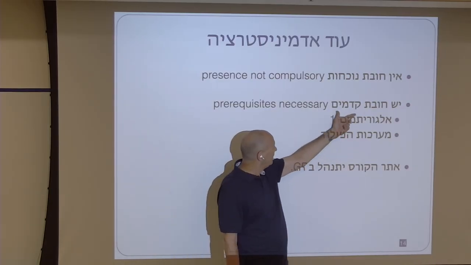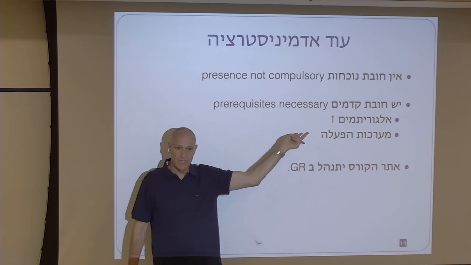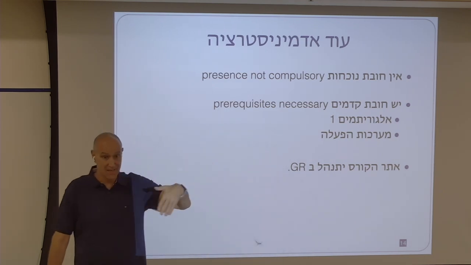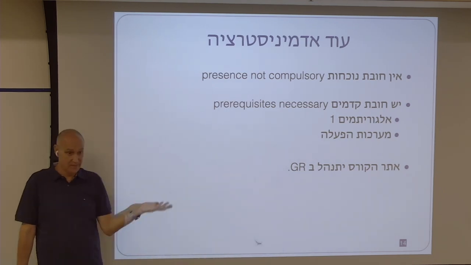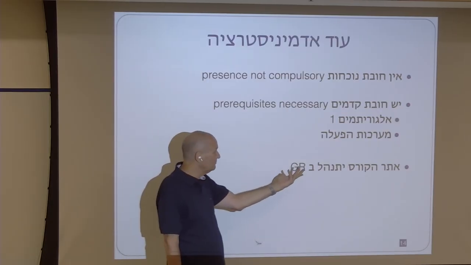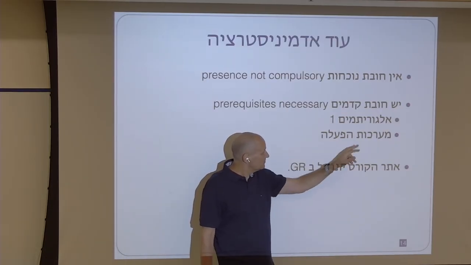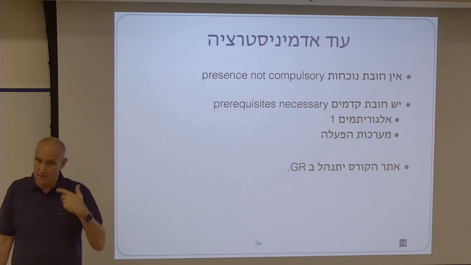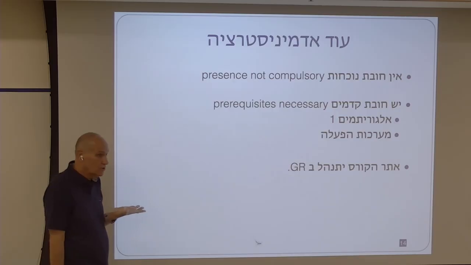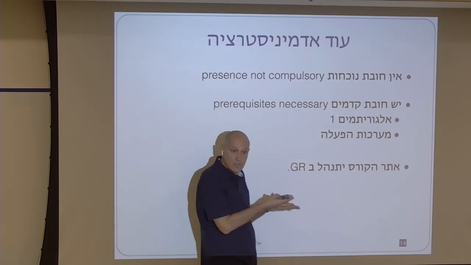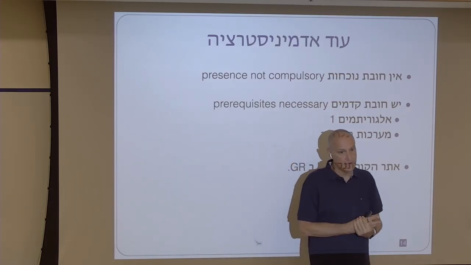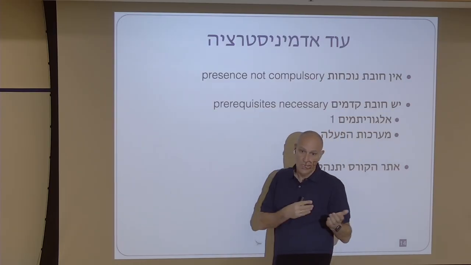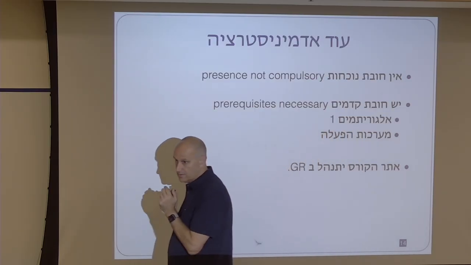There are prerequisites. There are two courses that you have to pass to have a passing grade in order to come to this course, which are Algorithms 1 and Operating Systems. If you don't have the prerequisite, then you should come to talk to me. If you just stay and ignore it, then in the middle of the semester, the administration is going to cancel your registration.